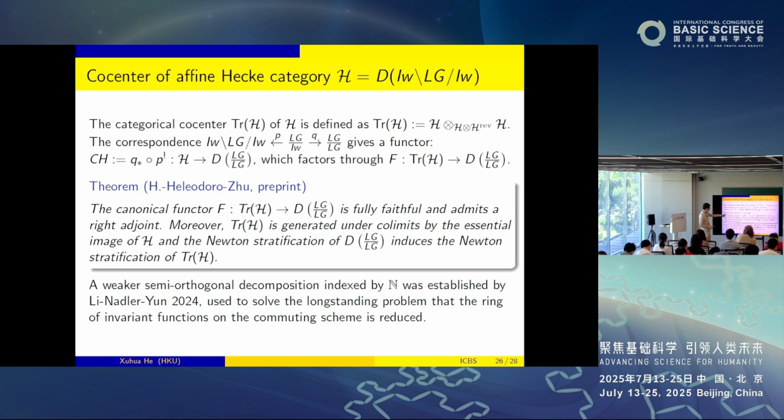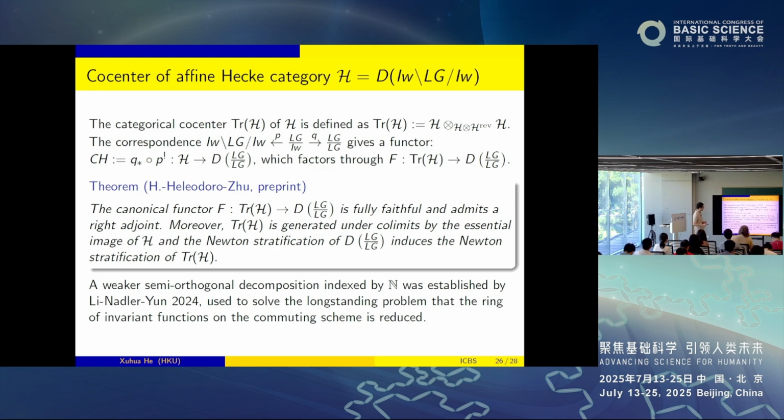If you look at this categorical cocenter, then we can define its image inside here. So what we obtain is what is expected to be the depth 0 character sheaves on the loop groups, and this is what we are writing at the moment.